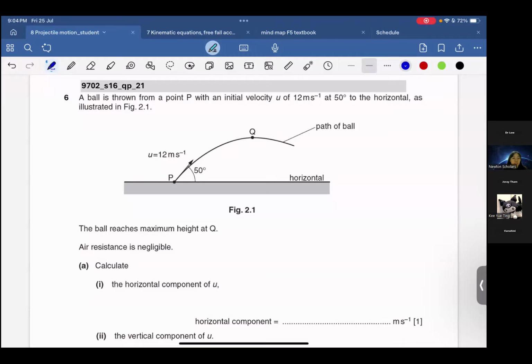Six A, find your Ux and find your Uy. Normally I say this is Ux because of the x-axis, y-axis. This one should be easy. Speed up, let me know your answer.